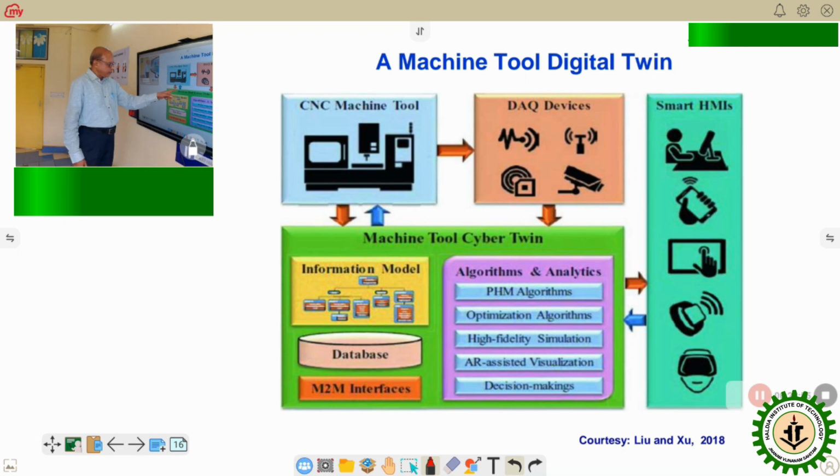From the machine, this blue color arrow symbolizes that the final result obtained after the decision making can be fed back to the CNC machine tool once again, at the software level, for better control of the process. So it is basically a representation of a sample machine tool digital twin. But machine tool digital twin is not the sole area of application. The same concept logically can be extended to any equipment or any product as well.